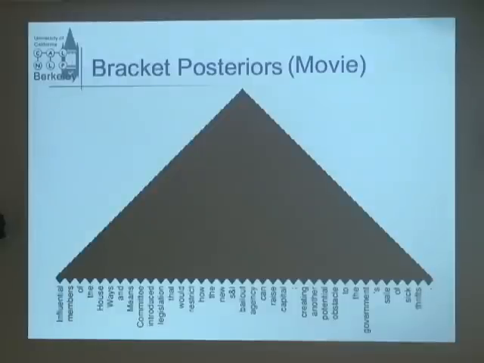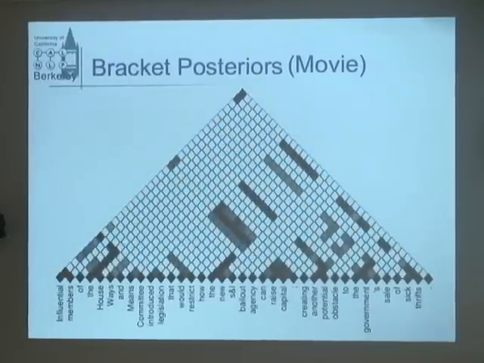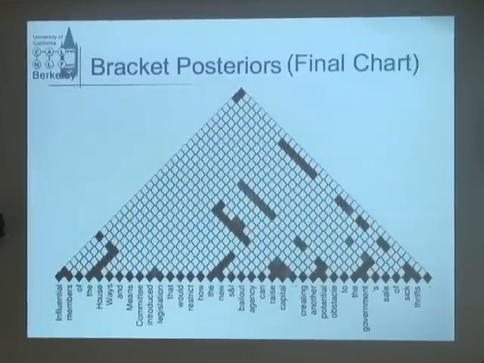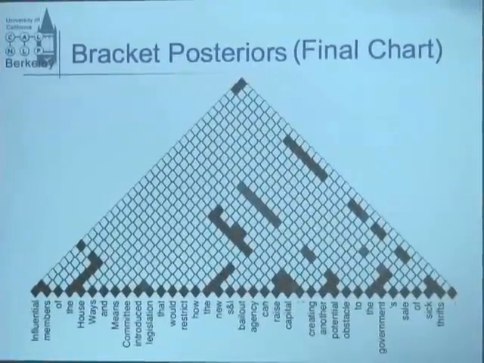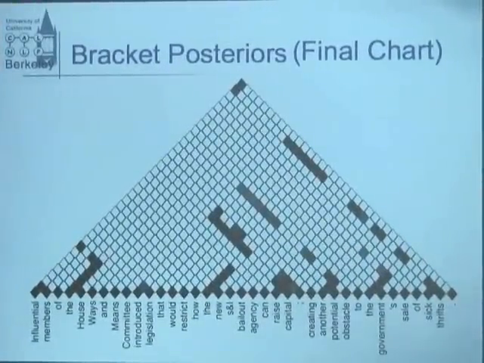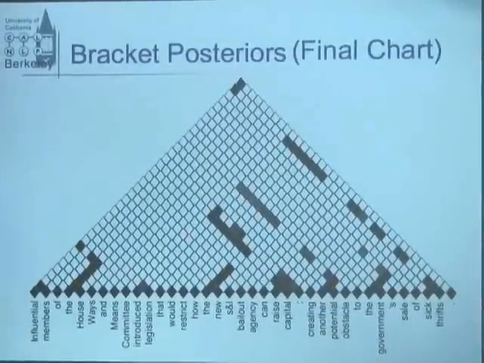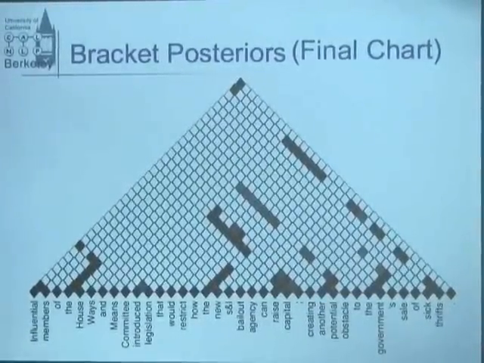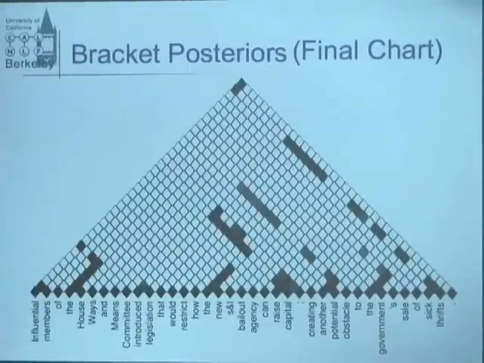Okay, there it is. So we start, and then we see how certain regions of the chart get pruned away and sparsified, and at the end, the final chart is extremely sparse. There's some ambiguity still preserved, for example, at which level this phrase attaches. But most of the other things have already been sorted out.